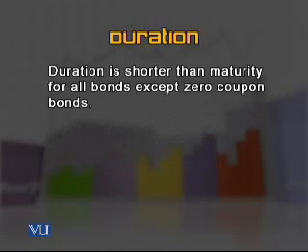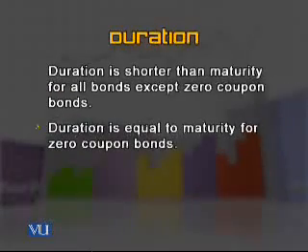Remember, it is shorter than the maturity period, except for zero coupon bonds, because you bought a zero coupon bond at a discounted value when it was first issued. So, the duration for a zero coupon bond is the same as its maturity period. That is the basic difference between zero coupon bond durations and coupon bond durations.